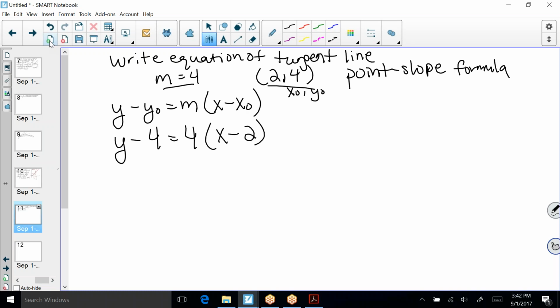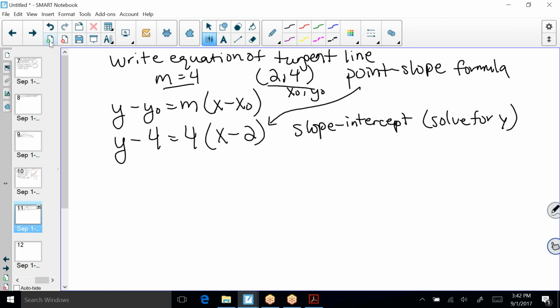So that's the equation in point slope form. And if we want to put it in slope intercept form, we need to solve for y. So this one is point slope form.